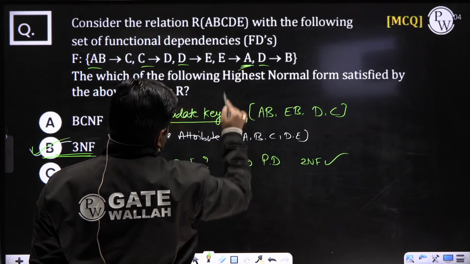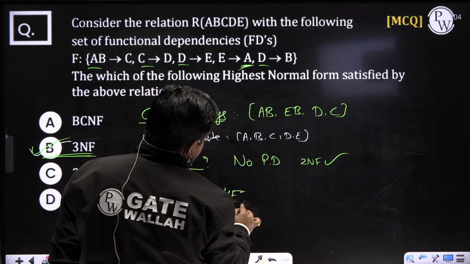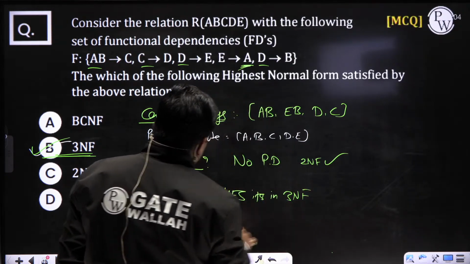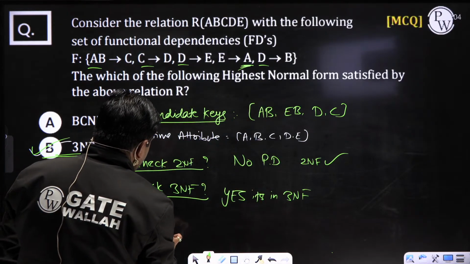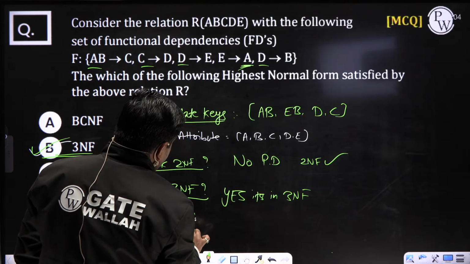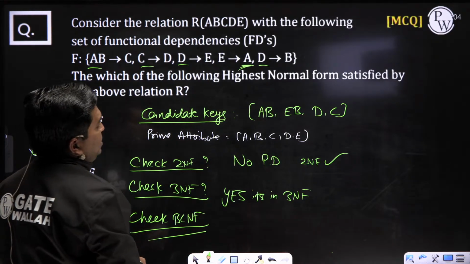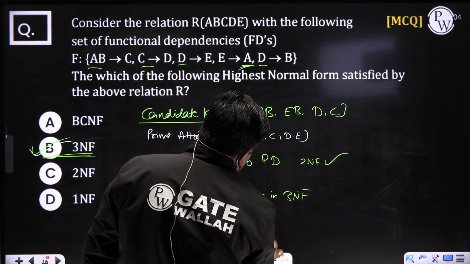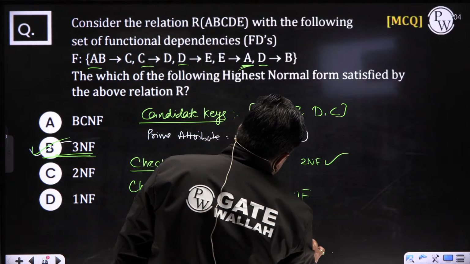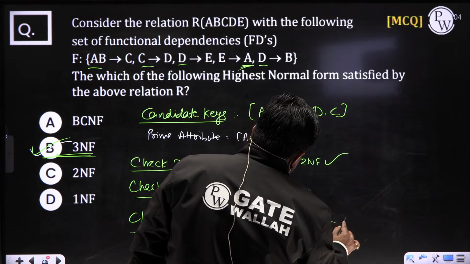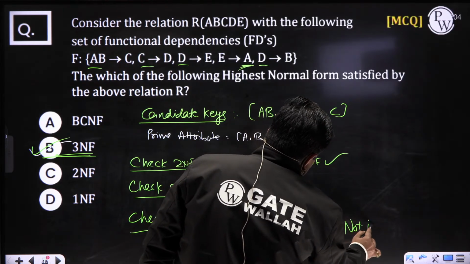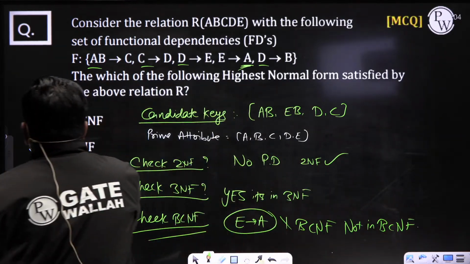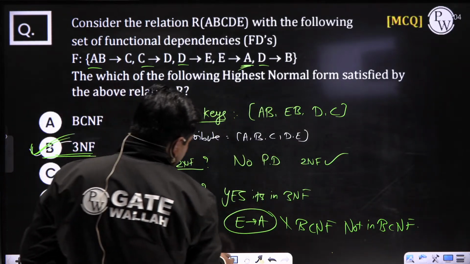A is a prime attribute, so yes, it is in 3NF also. But whenever we check BCNF, which FD violates BCNF? E tends to A violates BCNF. So it is not in BCNF.